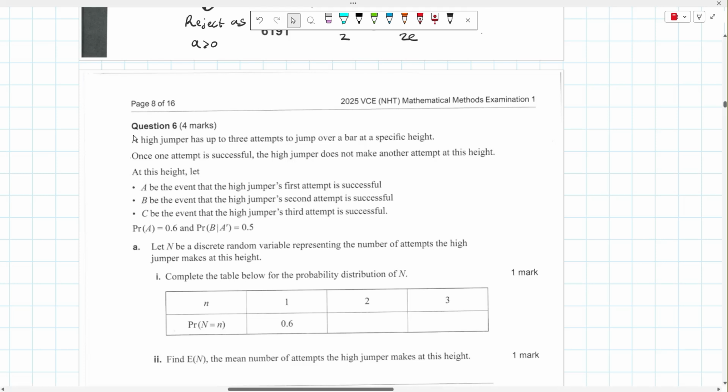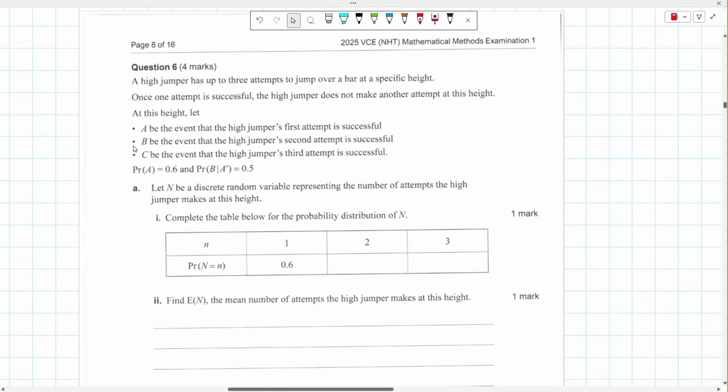So at this height, let A be the event that the high jumper's first jump is successful, B be the event that the high jumper's second attempt is successful, and C be the event that the high jumper's third attempt is successful. The probability of A is 0.6, and the probability of B, given that A did not occur, or A complement, is equal to 0.5.